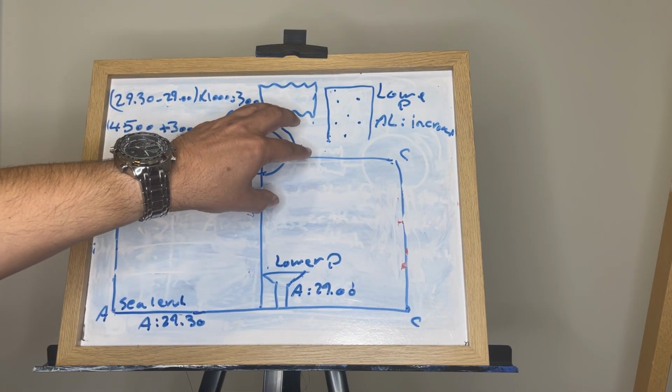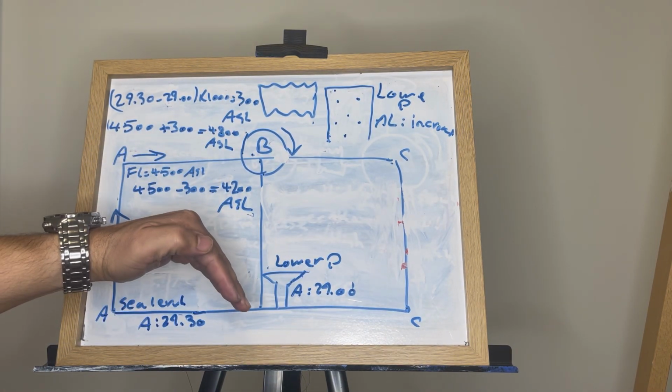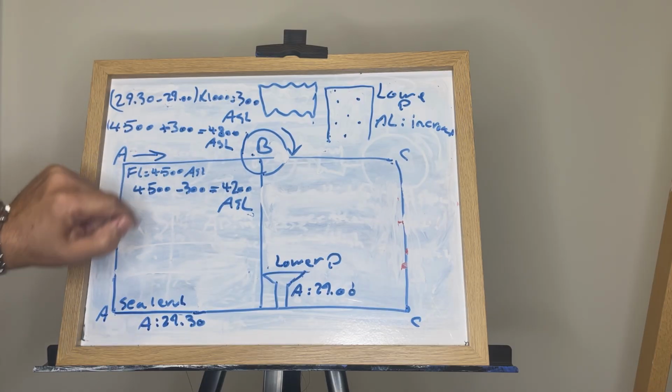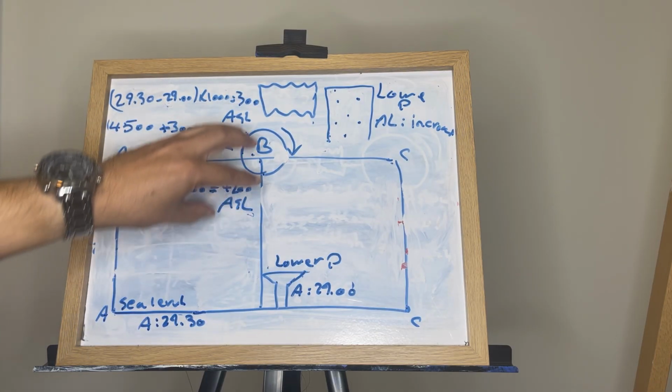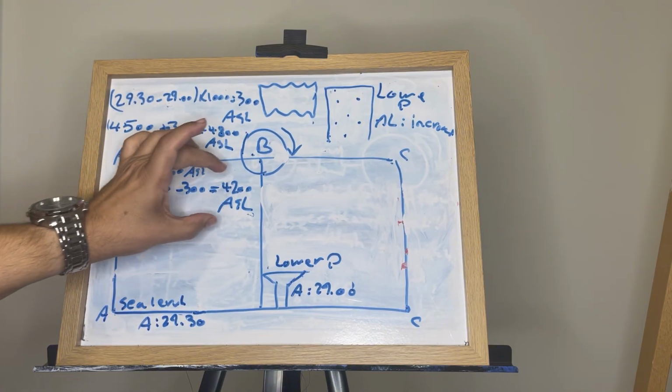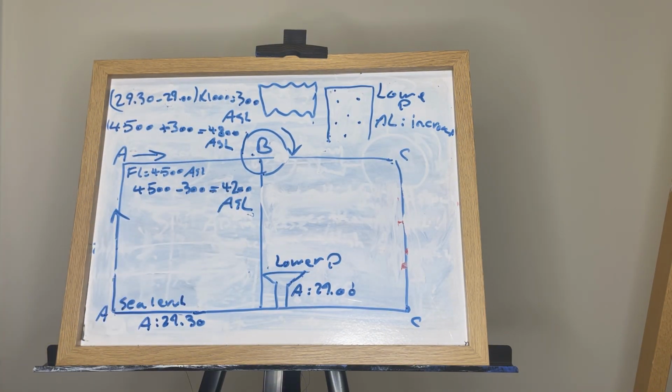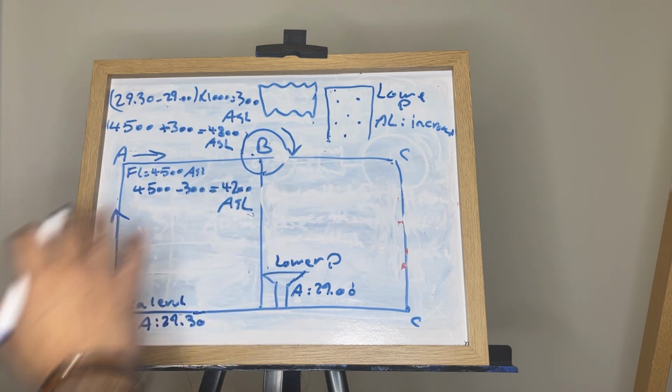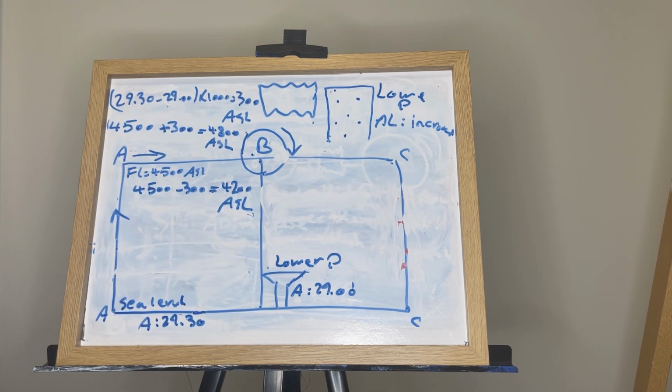When you start to descend back to cruise level, the altimeter shows 4,500 feet, but the actual height above sea level is 4,200 feet. In other words, you are physically 4,200 feet above sea level while the altimeter shows you 4,500 feet after you start to descend.